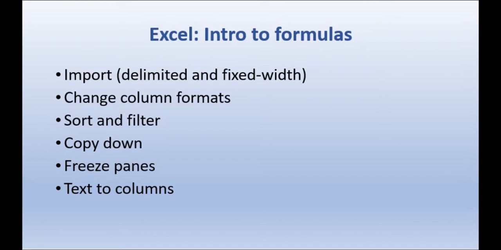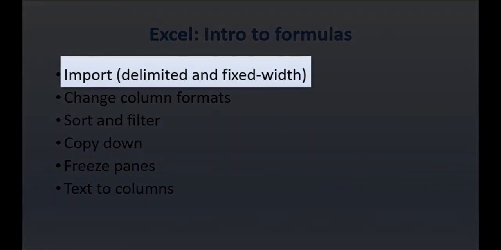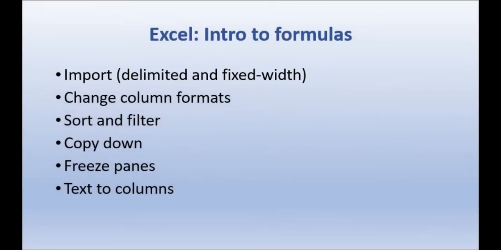So one of the first things that we learned in Excel were importing files. We learned how to grab them from the web, we learned how to copy and paste them, but for the most part you import text files. And text files, as you remember, they can be delimited with a comma or a tab or a colon between each column, or fixed width.